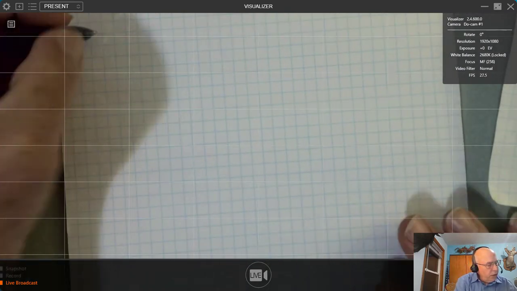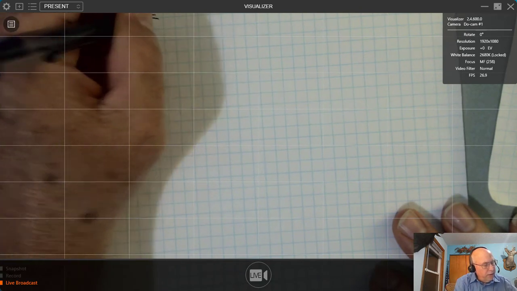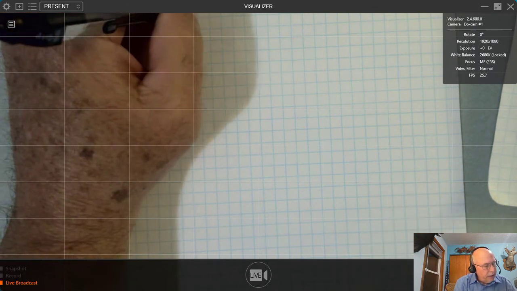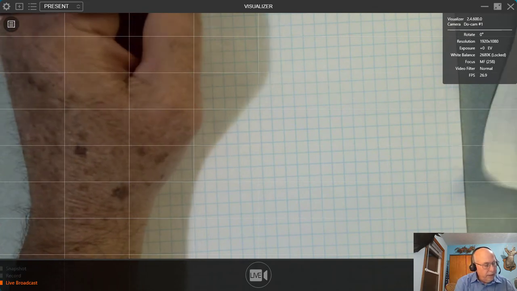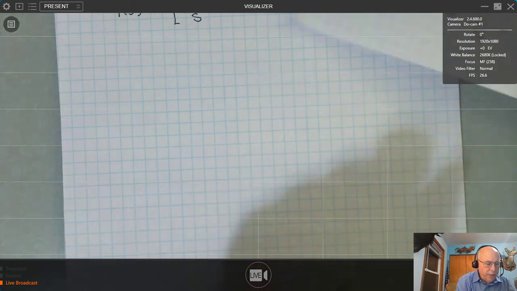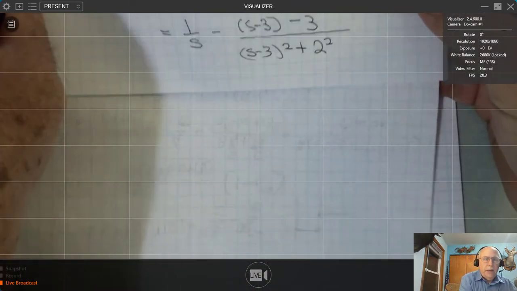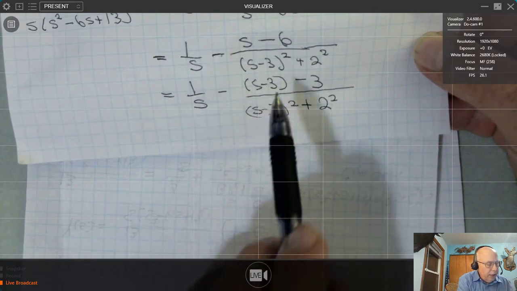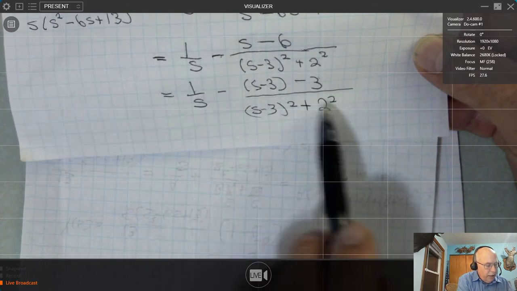So we know that capital Y of s is equal to this kind of complicated fraction, but it's all fixed up now to work nicely. So I'm going to write this as minus s minus 3 over this stuff, and then plus 3 over this stuff.